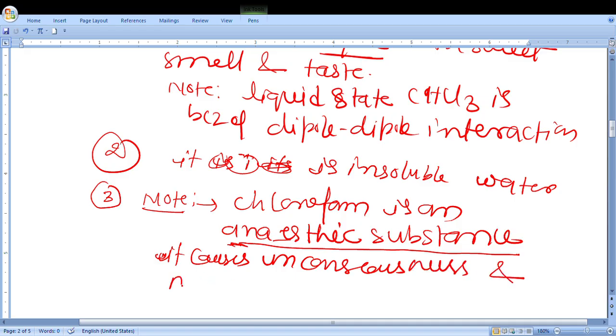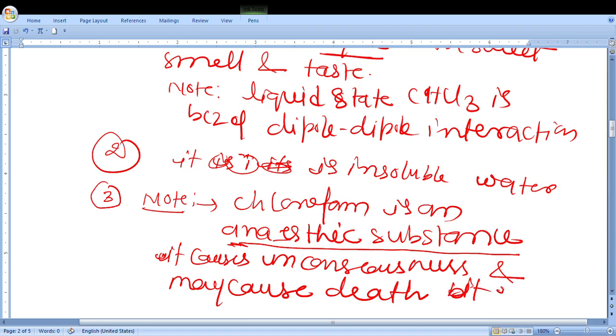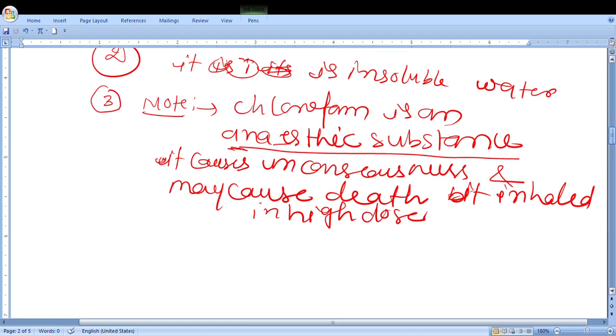and may cause death, because if inhaled in high dose. Why will it cause death?